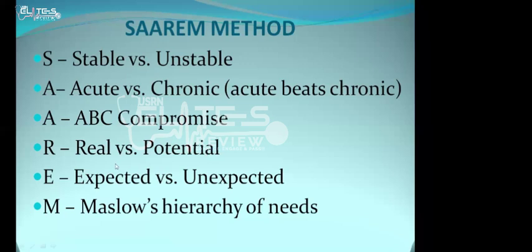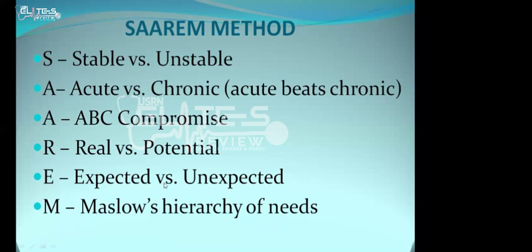So real here means that the patient is currently experiencing it. And potential means that the patient can get it, but has not gotten it yet. So in this case, you prioritize the real over the potential. That is what this one too is saying.